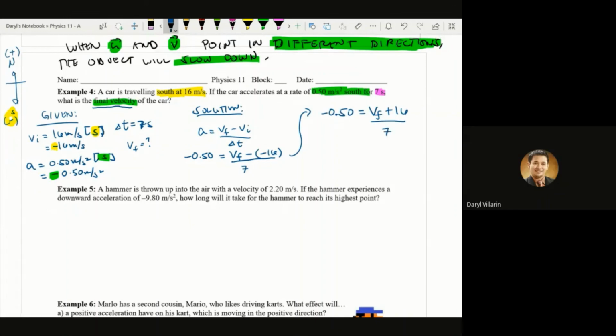To solve this, first I'm going to get rid of the denominator. To do that, I'll multiply both sides by 7. That would give me negative 3.5 is equal to vf plus 16.